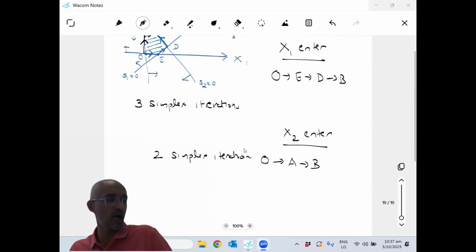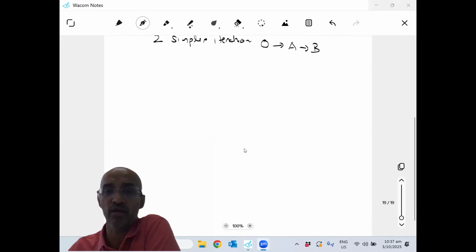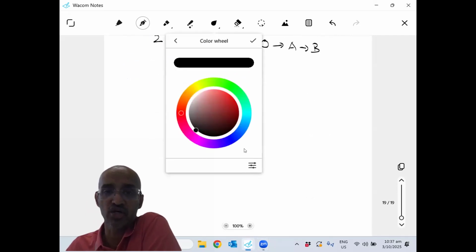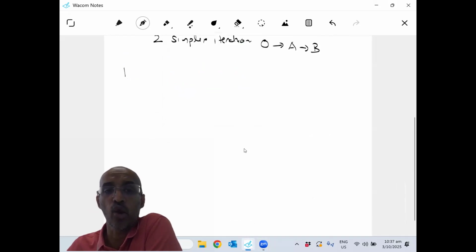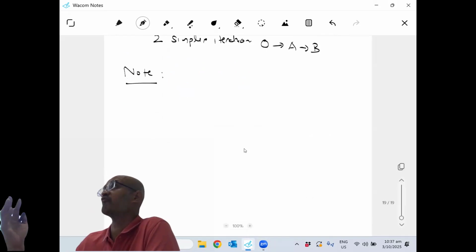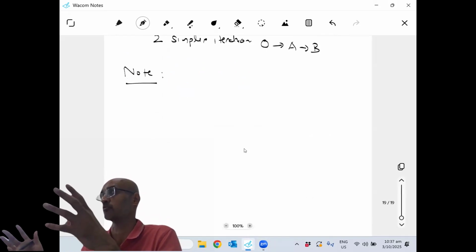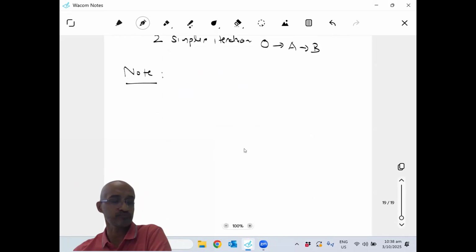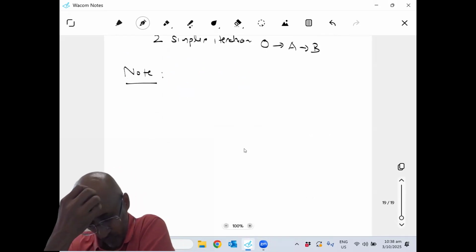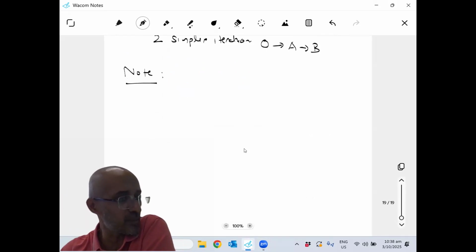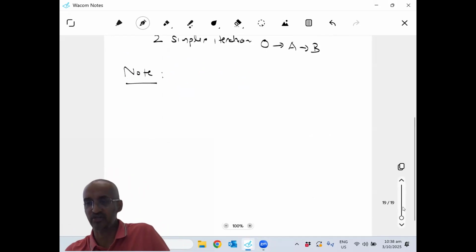But before we do that, I want to make a couple of observations which are useful. There is a lot of information stored in the simplex tableau. Let's look at this tableau.